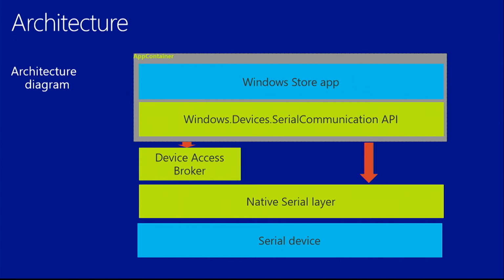To draw parallels with the Win32 or the .NET world, where there was no real gatekeeping, if you were able to discover a serial device, you were able to open a handle to it and start sending it I/O. However, with Windows apps, we uphold certain app container principles and user promises, and hence the device access broker acts as the mediator or the gatekeeper before we allow access using these opaque pipes.